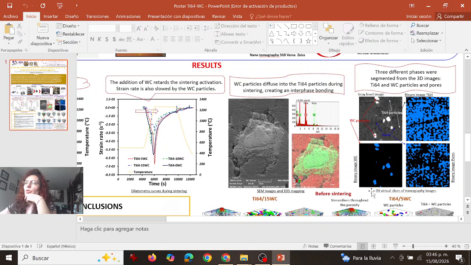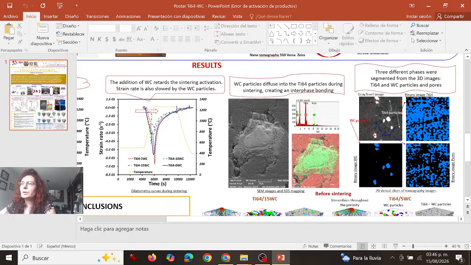These are 2D virtual slices obtained from the tomography images. For example, this image is the gray level image, but 3 different phases were segmented from the 3D images.